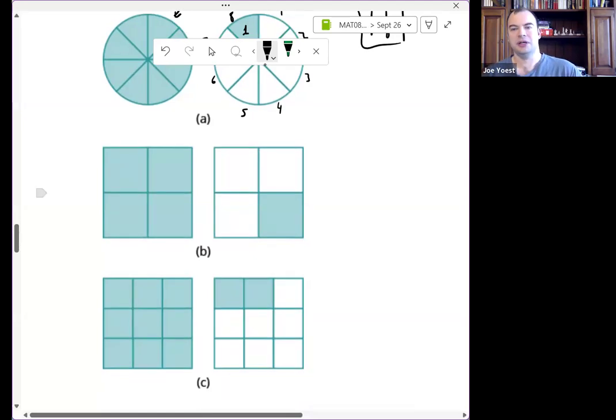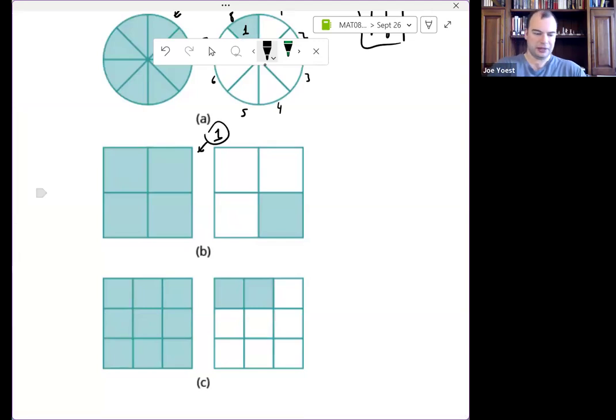I have something similar here. I have one whole. Let me write that a little further over to the left so it doesn't get confused with the other block. I have one entire square shaded in. And then this square over here on the right has 1, 2, 3, 4 blocks.